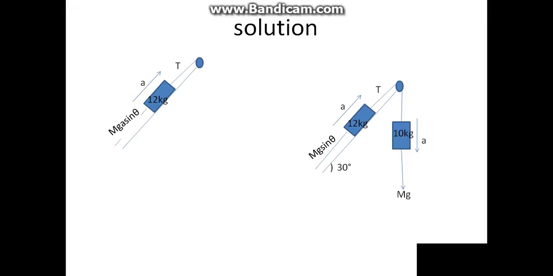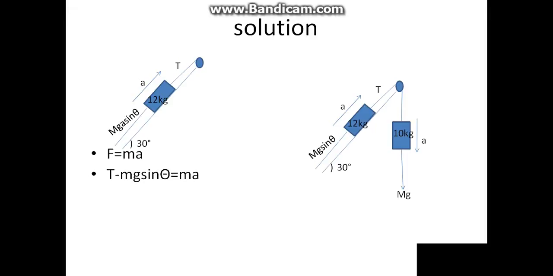Force we know is equal to mass times acceleration. So the tension of the rope minus the force of gravity, which is mg sin theta, is equal to ma.